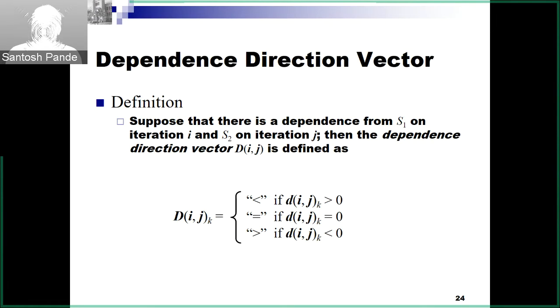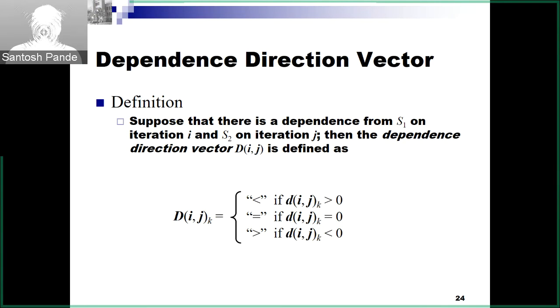Further on, many times this dependence distance is not fixed as what we have shown, but we only know whether it is positive or negative and so on by looking at the respective references in the array space. And this is what we call the dependence direction vector: less than, equal to, greater than.